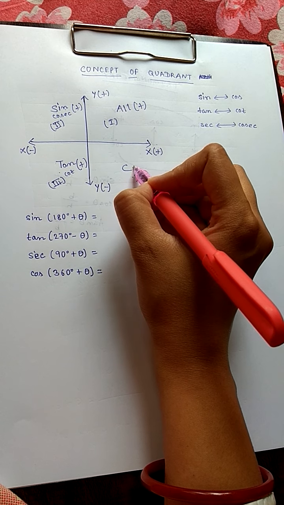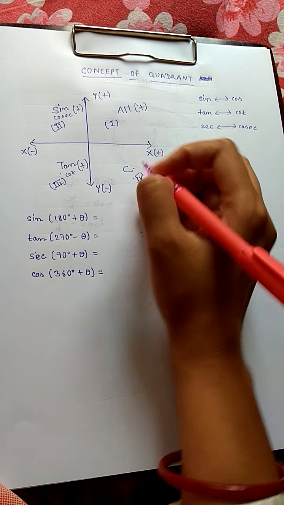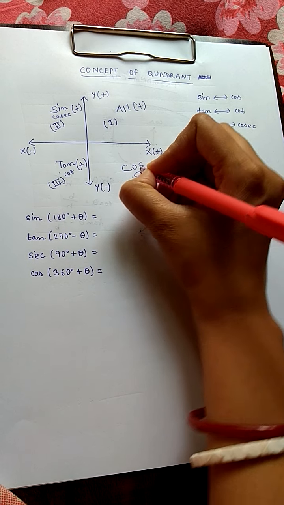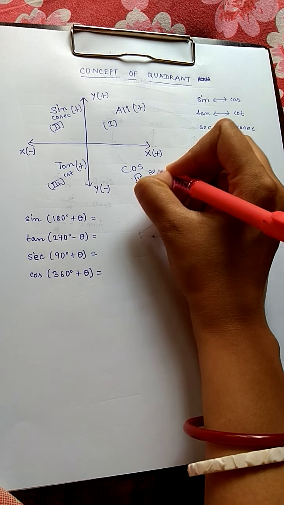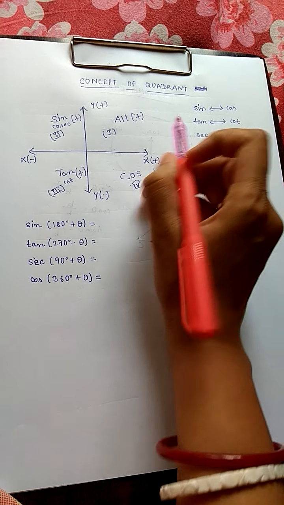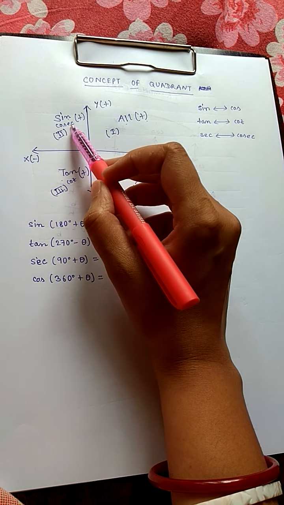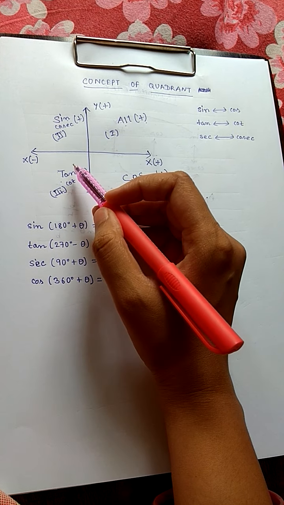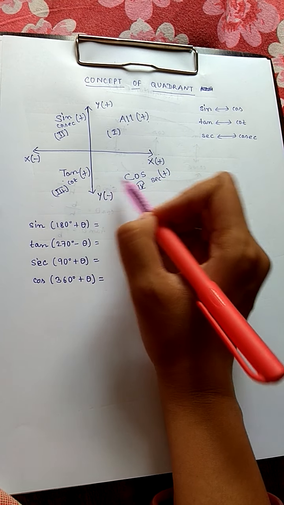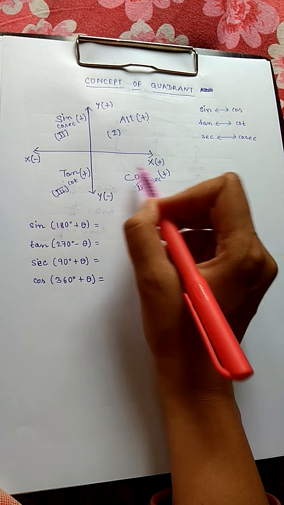And in the fourth quadrant, C stands for cos and its opposite, that is sec. These two are positive. So in the first quadrant all ratios are positive. In the second, these two ratios are positive, others are negative. In the third, tan and cot are positive, others are negative. In the fourth, cos and sec are positive, others are negative.